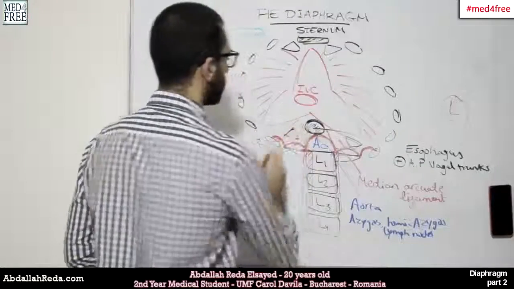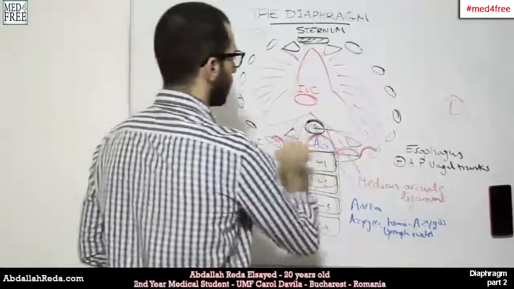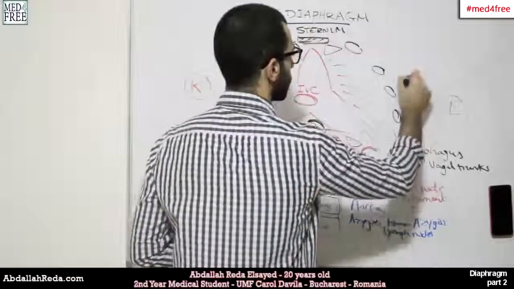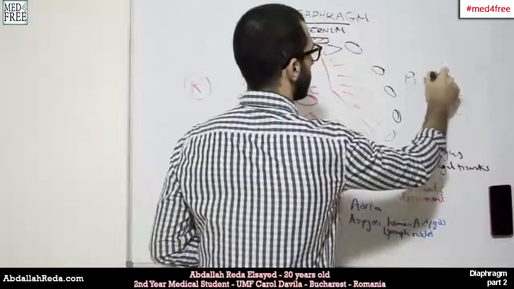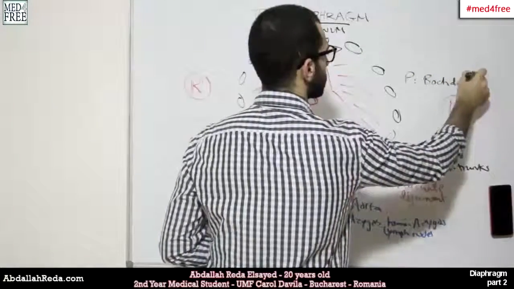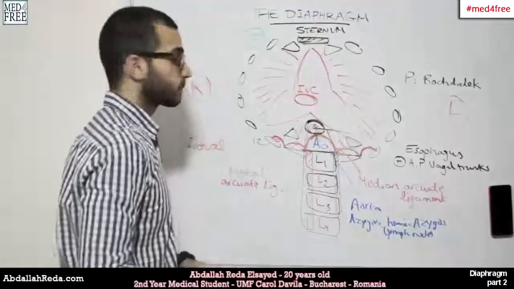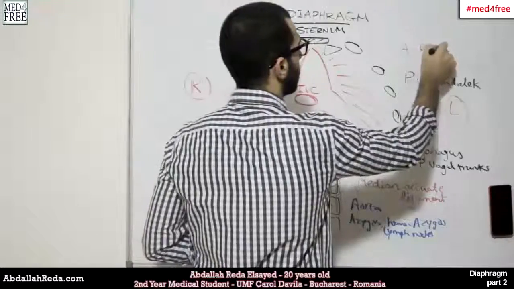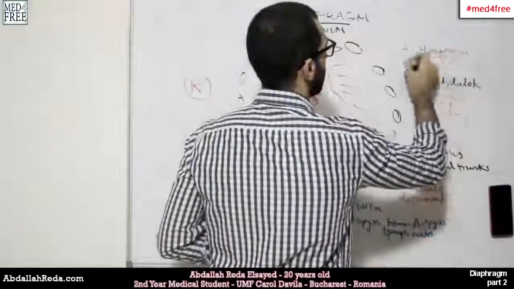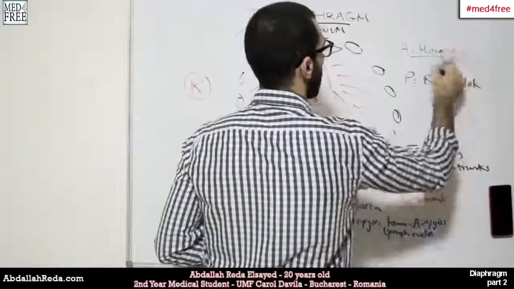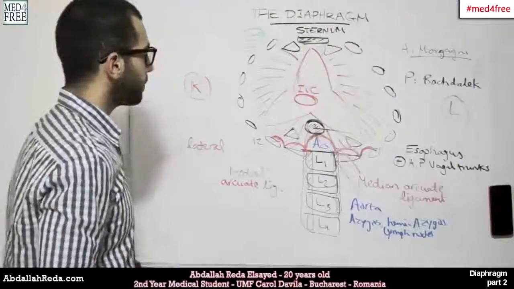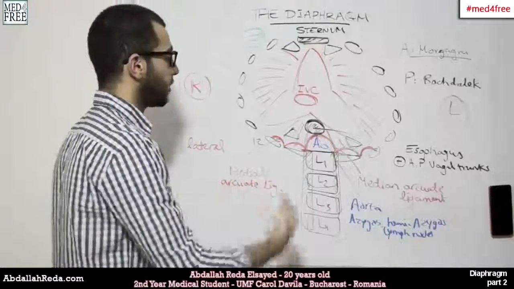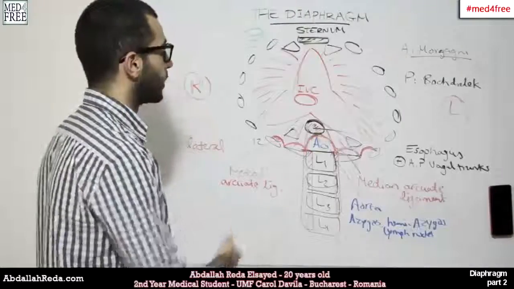So these ones posteriorly are called Bochdalek triangles, and anteriorly we have Morgagni. So Morgagni and Bochdalek weak points, and these weak points can be a reason for a diaphragmatic herniation.